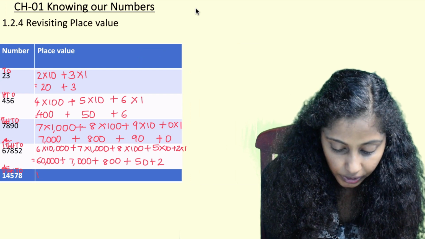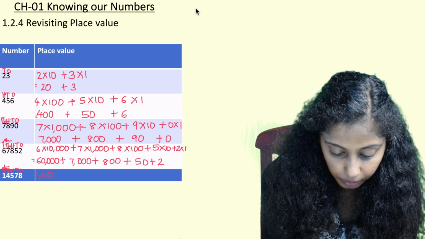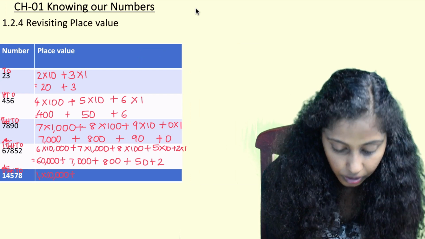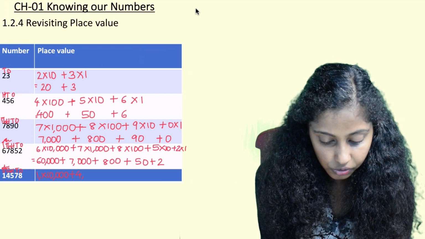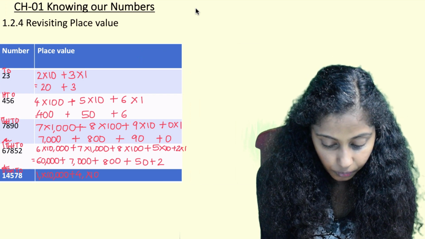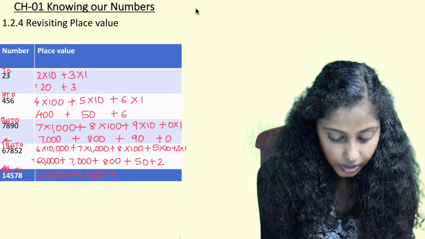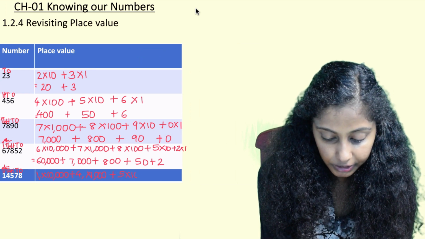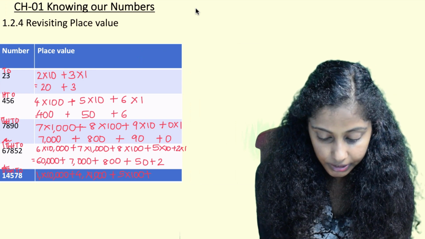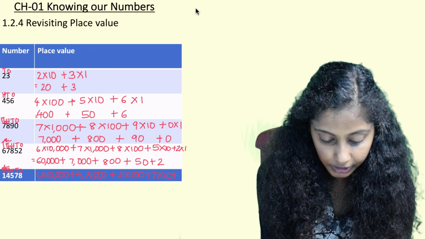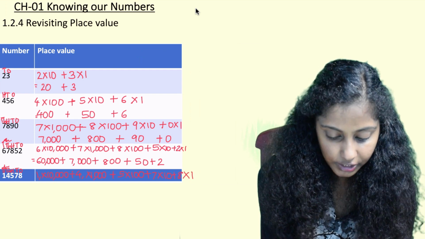So 1 is in 10,000, so 1 multiplied by 10,000 plus 4 is in 1000, so 4 multiplied by 1000. 5 is in hundreds place, so 5 multiplied by hundreds. 7 is in tens place, 7 multiplied by tens, and 8 multiplied by 1, ones place.